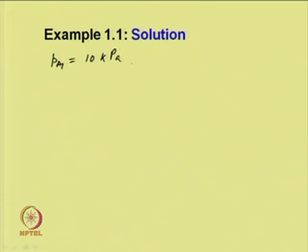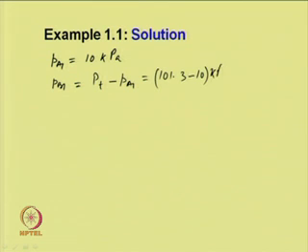So, PB1 is equal to Pt minus PA1, which is equal to 101.3 minus 10 kilopascal, which is 91.3 kilopascal, and also PA2 is equal to 0.